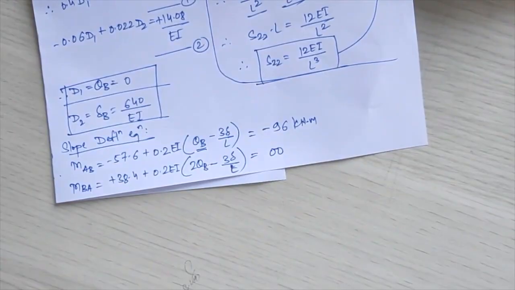MAB as minus 96 and MBA I am getting equal to 0. You check these values.